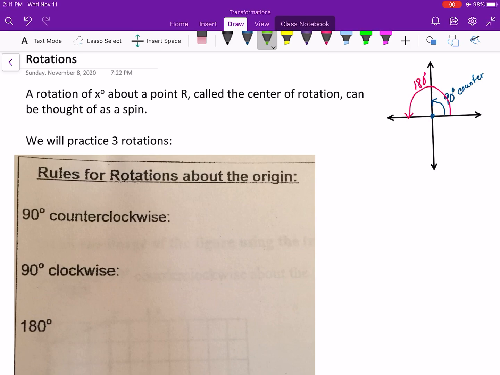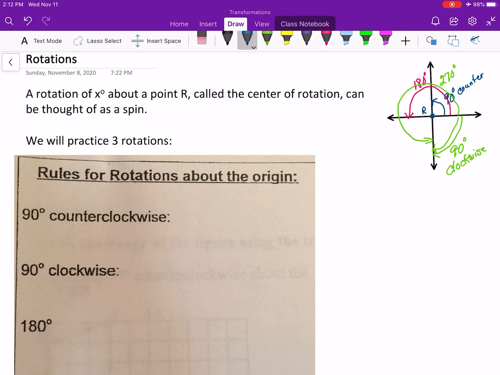And then sometimes we call it a 270-degree spin, or in our case, since this is how our clock moves, down, we're going to call that 90 degrees clockwise. And that, in my picture that I just drew, would be if our center of rotation was the origin. That's why I put that little R in there. So that kind of gives you an idea of how the spins are going to work.